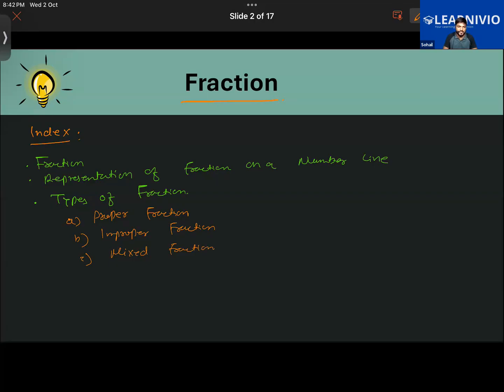After this, write the next one as unit fraction. Then you have like fraction. Next is unlike fraction. Have you written it so far? Almost. Okay.